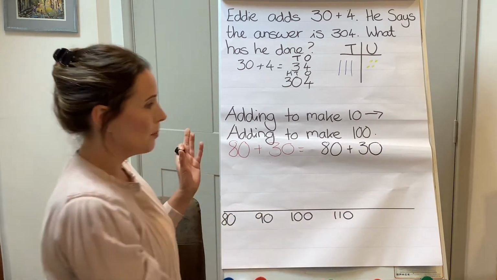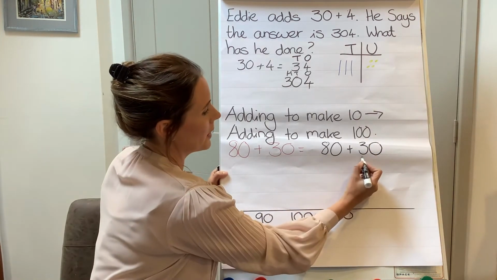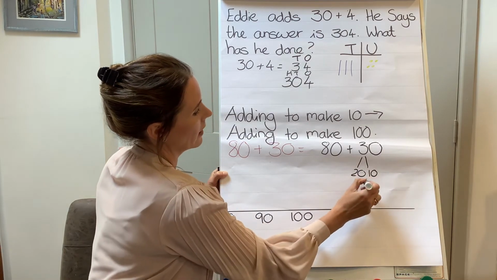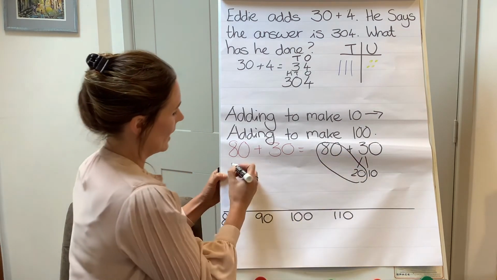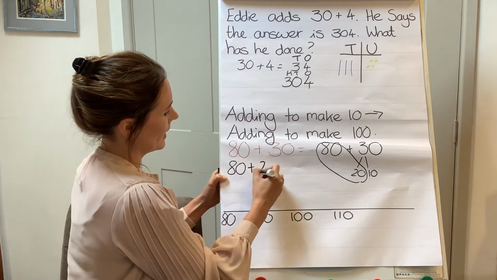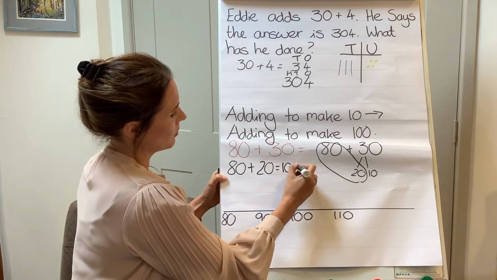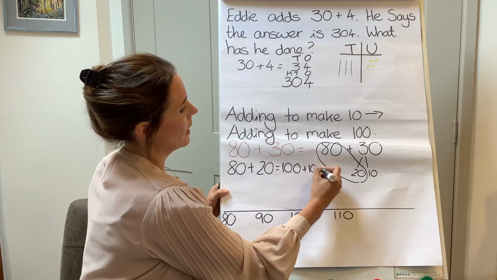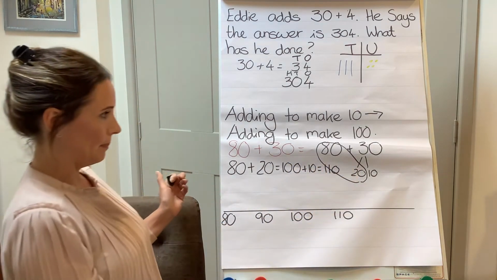We could use our number bonds, or partition this number into 20 and 10. We know that 80 and 20 is equal to 100, and 10 more on is equal to 110.